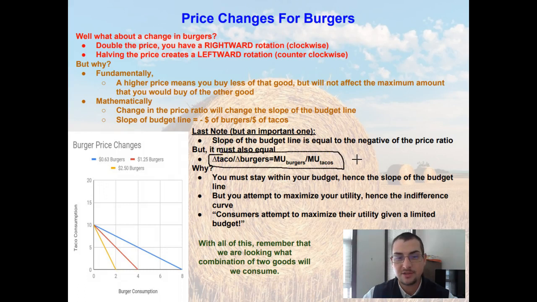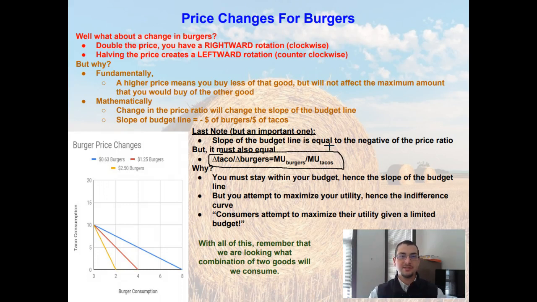And if you remember this equation, it's coming off of that indifference curve. And that was some of that justification for why the indifference curve always equals the same amount of total utility. And we're saying that the slope of the indifference curve essentially has to equal the slope of the budget line at that marginal rate of substitution. Remember that marginal rate of substitution was the slope of the indifference curve, and it has to equal the slope of the budget line. And we're saying that right here.